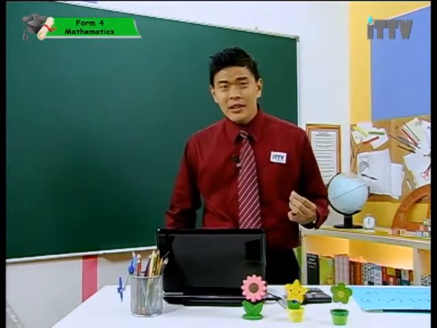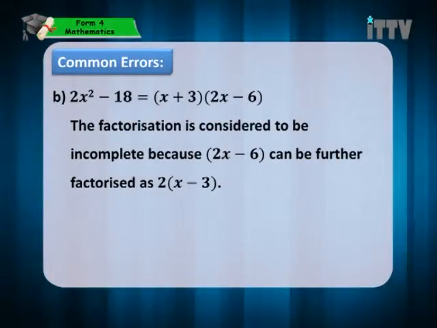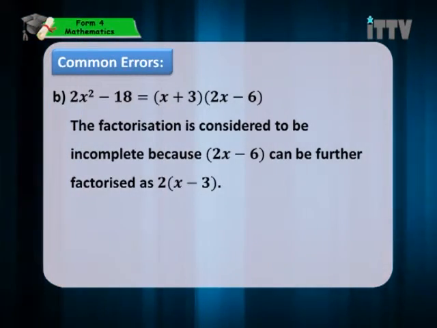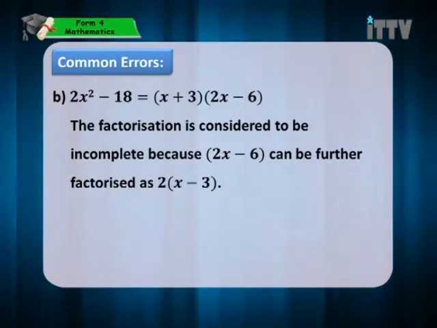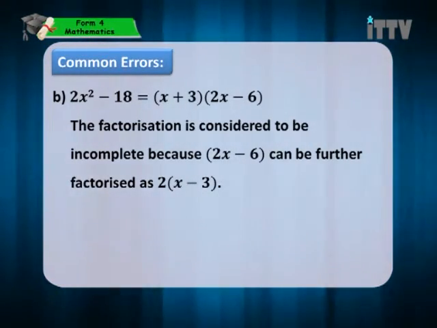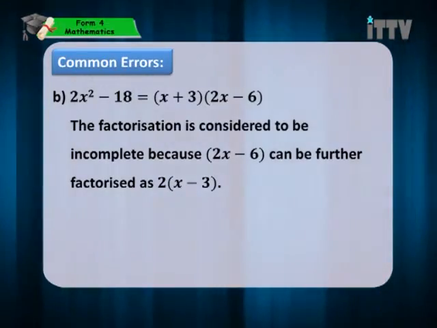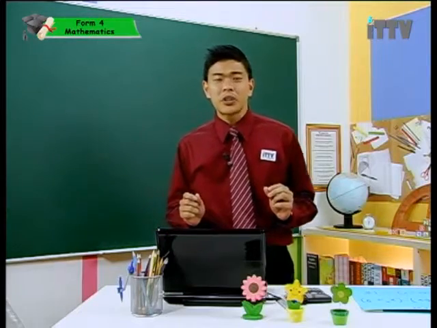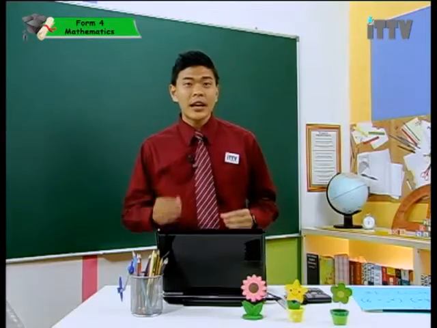As in A, it is not complete, because 2x minus 6 can be further factorized by taking out the 2, giving 2 bracket x minus 3. So for these two kinds of factorization, in either of the algebraic expressions, the 2 can be taken out. You must remember to take out the highest common factor first.